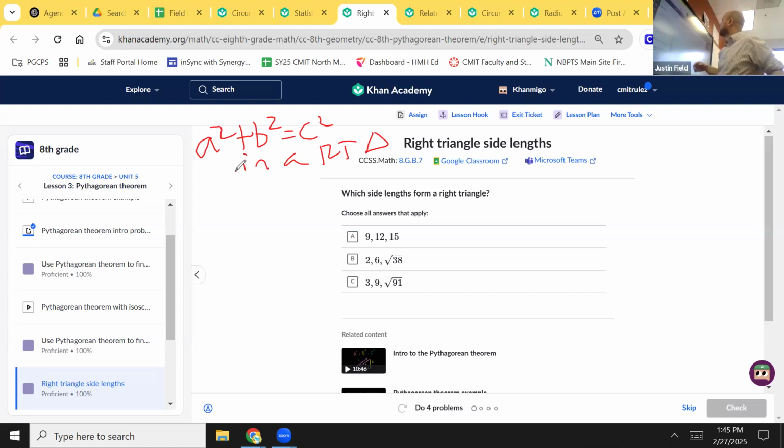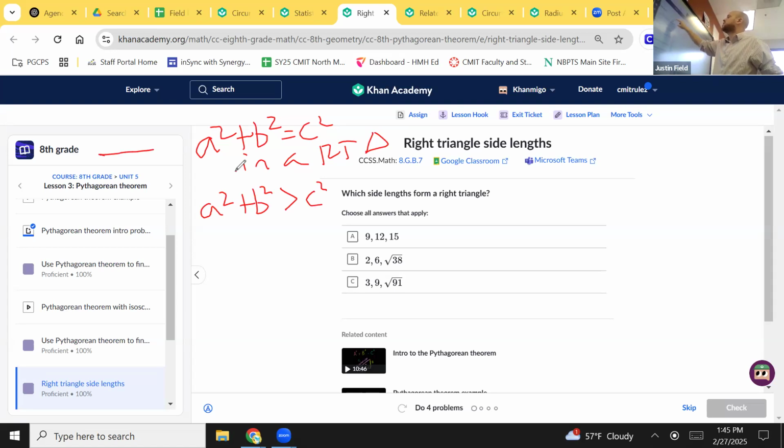Okay. So that means that we have three types of triangles now, mind you. So a squared plus b squared equals c squared in a right triangle. What kind of triangle would it be when the two shorter sides, you add them together and that's longer than c? What kind of triangle would that be? Think about that.